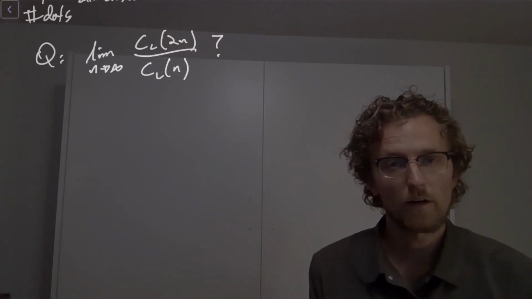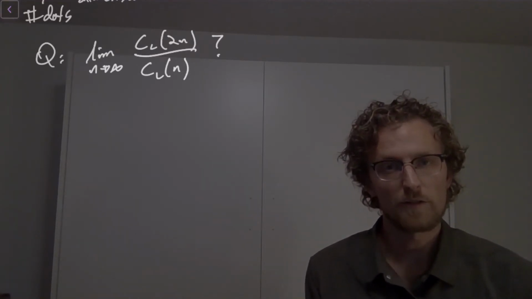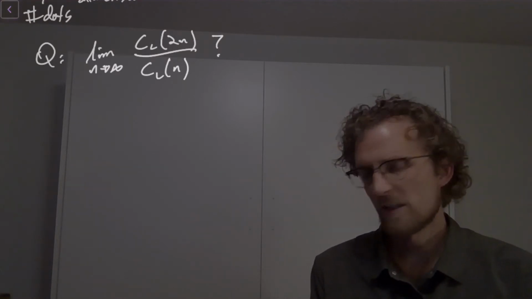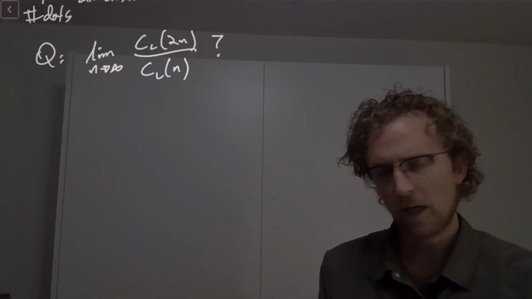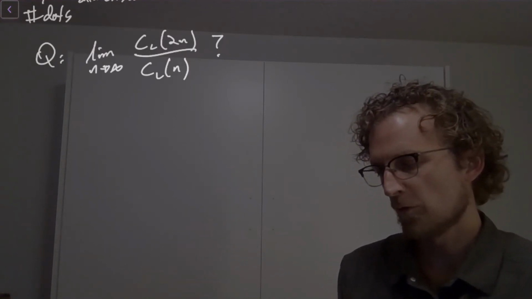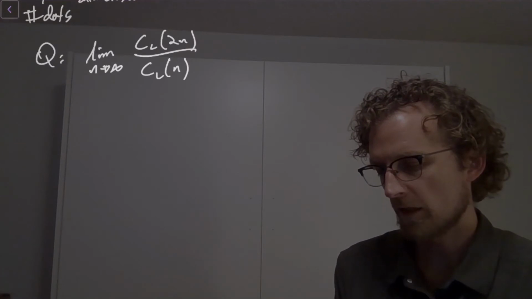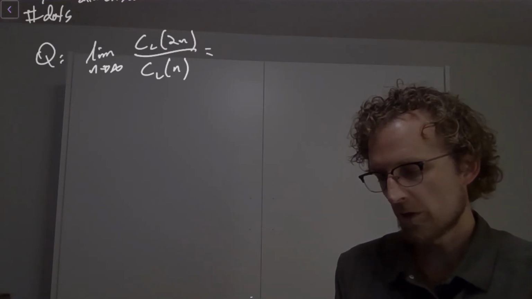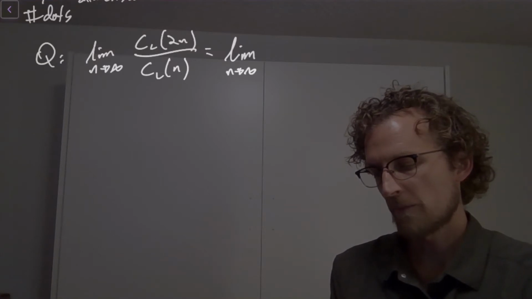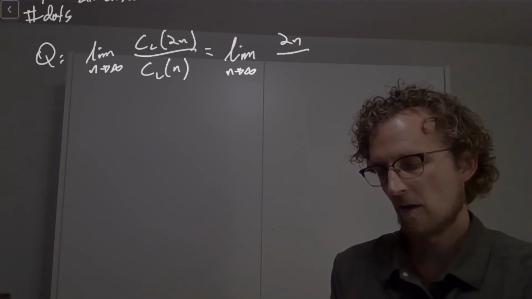What I'm asking here is, if the length of the line doubles, how does that affect the number of dots in the line? This is easy to work out directly. I don't have to write some complicated proof. This is just equal to the limit as n approaches infinity of 2n over n.